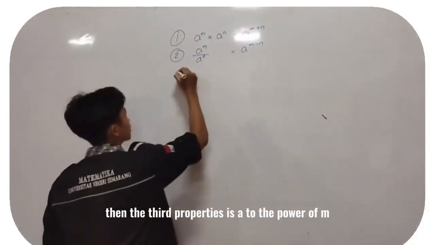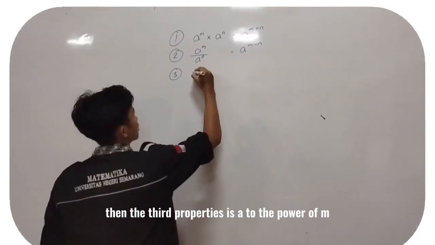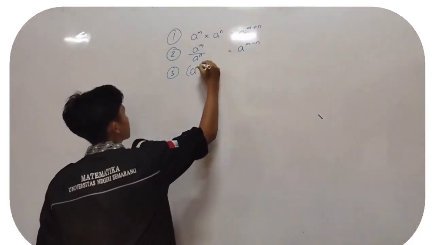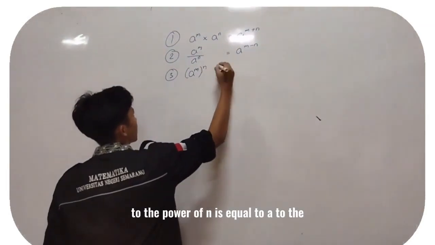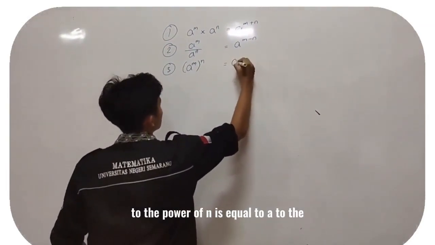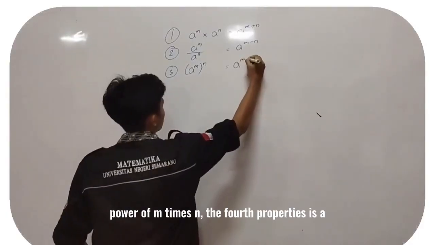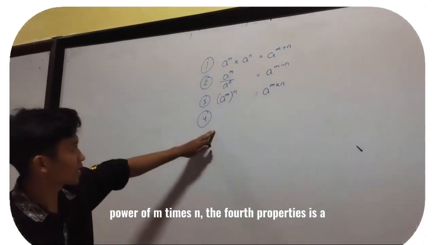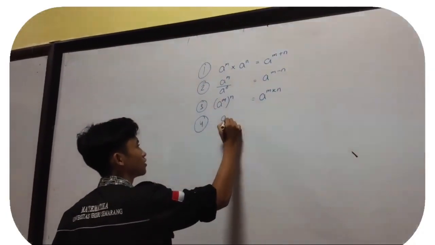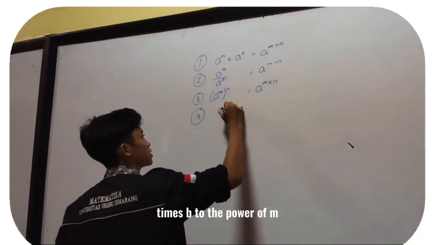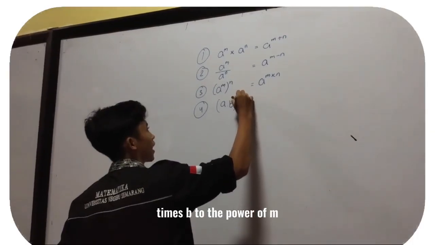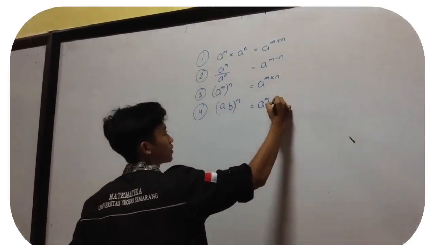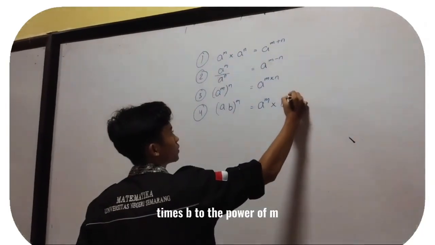Then the third property is a to the power of m, all to the power of n, is equal to a to the power of m times n. The fourth property is a times b, all to the power of m, is equal to a to the power of m times b to the power of m.